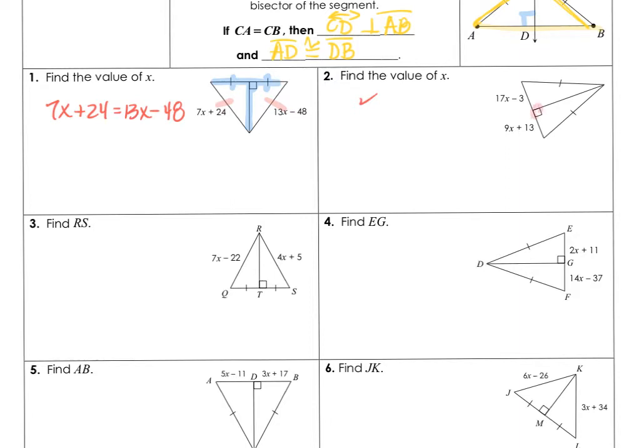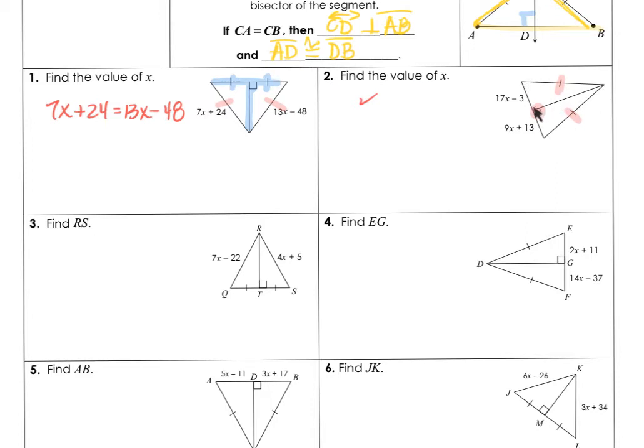Same will be the case for number 2, but you're looking at different clues. In number 2, it's showing you that it's a perpendicular line, but it's not showing you that it's a perpendicular bisector until you see that these measurements are congruent. So you know that this line is perpendicular, and you know that this point on the perpendicular line is making equidistant lines.